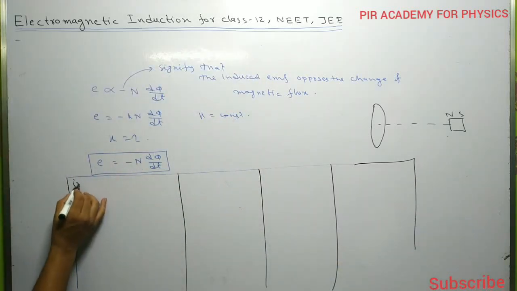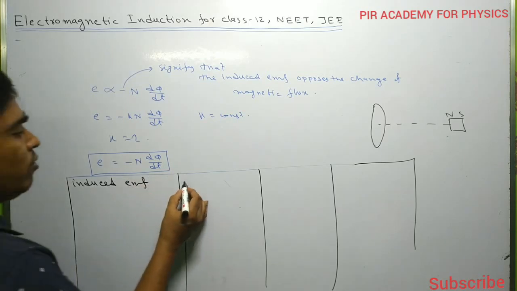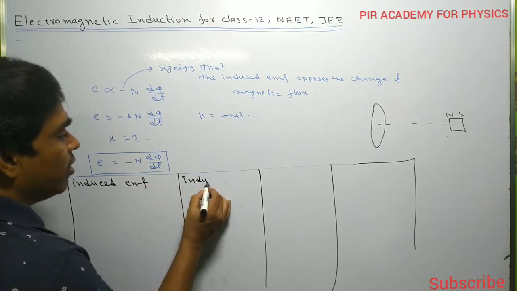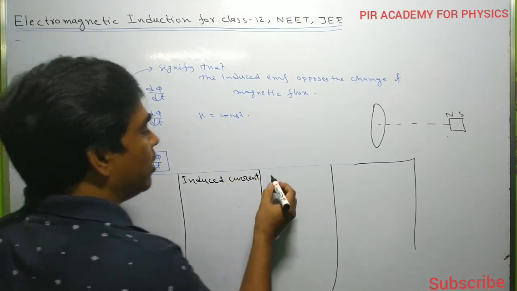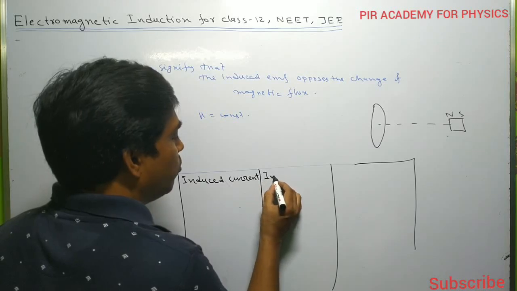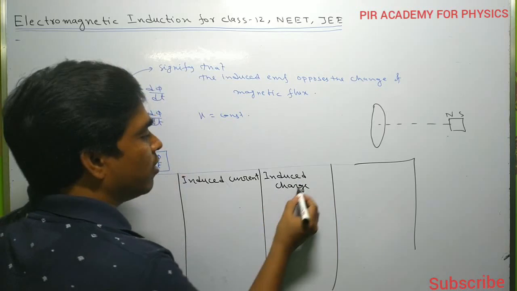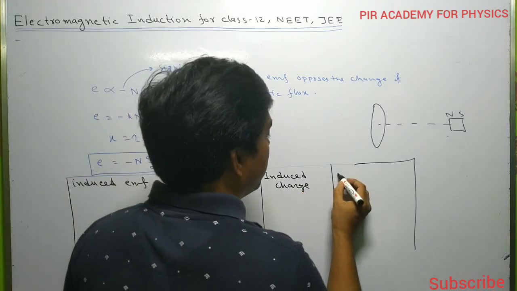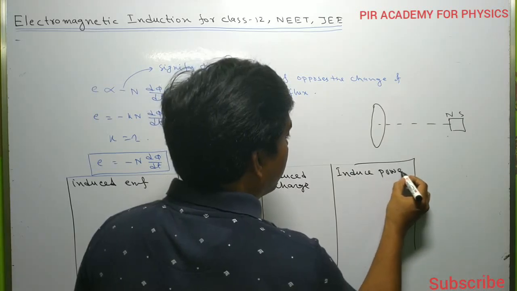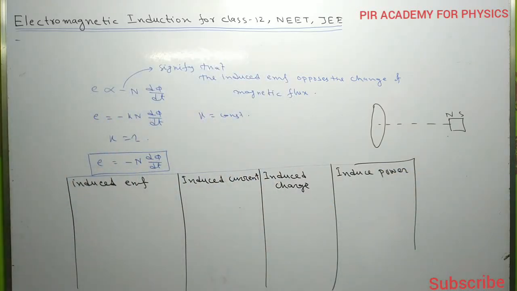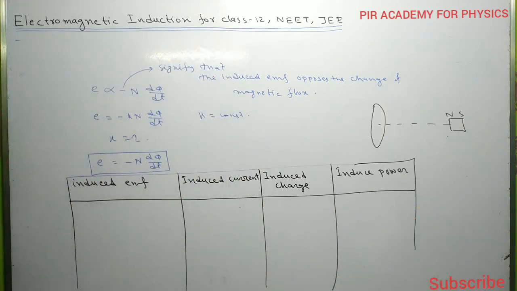That means induced EMF, induced current, induced charge, and induced power. These four quantities you have to learn.